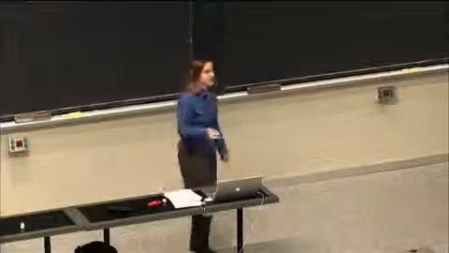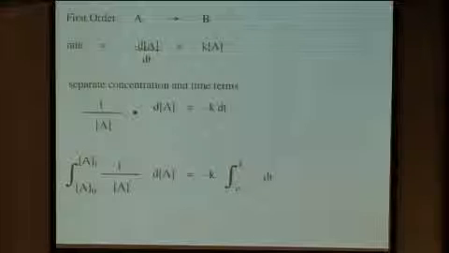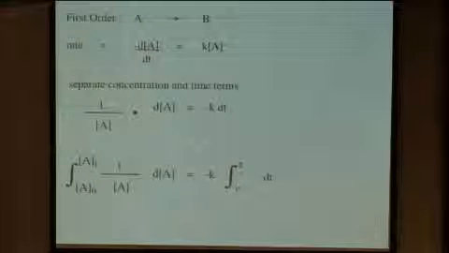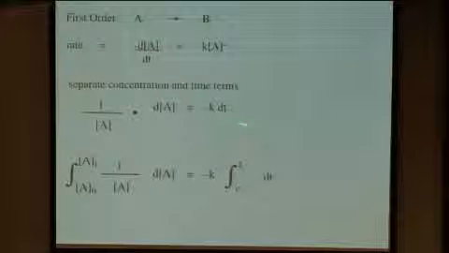And now, as you might have guessed from the name integrated rate laws, we can integrate. We can look at the interval from the initial concentration or original concentration of A to the concentration of A at some time t. And we can also look at from some time 0 to the time t in question.